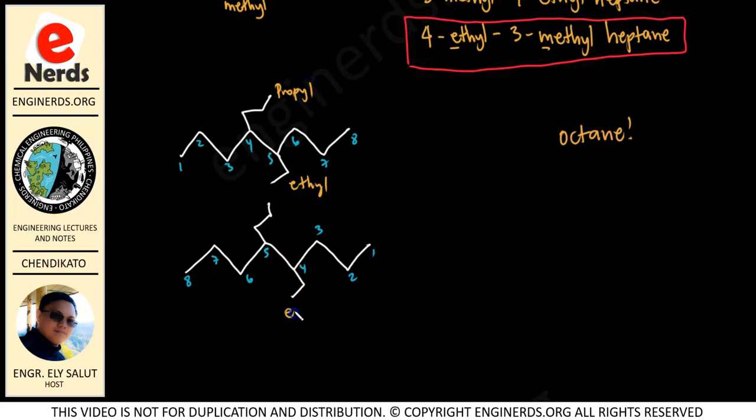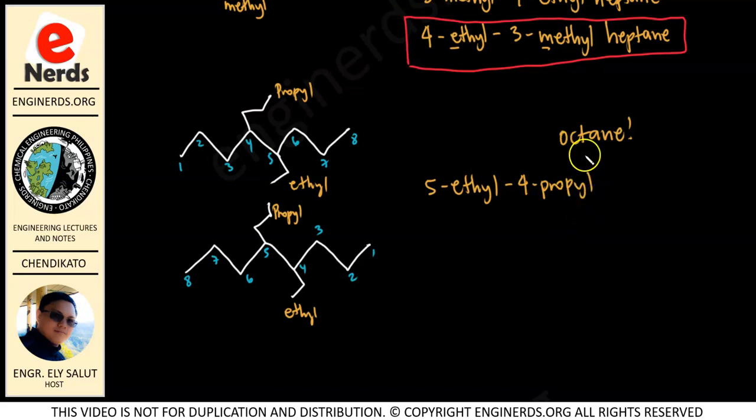And here we have ethyl and we have propyl here. Okay? So alphabetical order, we will be using ethyl first, no? So, unahin natin itong nasa itaas. So, our ethyl is located in 5. So, we have 5 dash ethyl dash 4 propyl. So, 4 dash propyl.